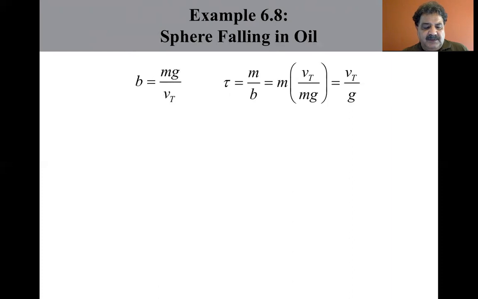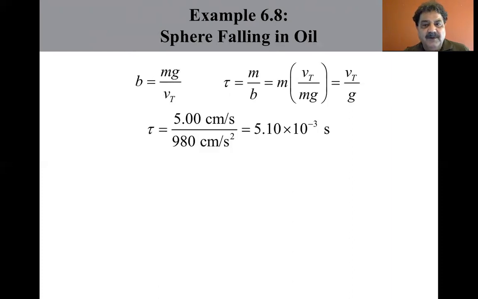Okay, let's substitute the numerical values. You have 5 centimeters per second, and now notice that they use gravitational acceleration as 980 centimeters per second squared instead of 9.8 meters per second squared. It's the same thing. We would have gotten the same result had we changed it to 0.05 meters per second divided by 9.8 meters per second squared. We get 5.1 times 10 to the minus 3 seconds.